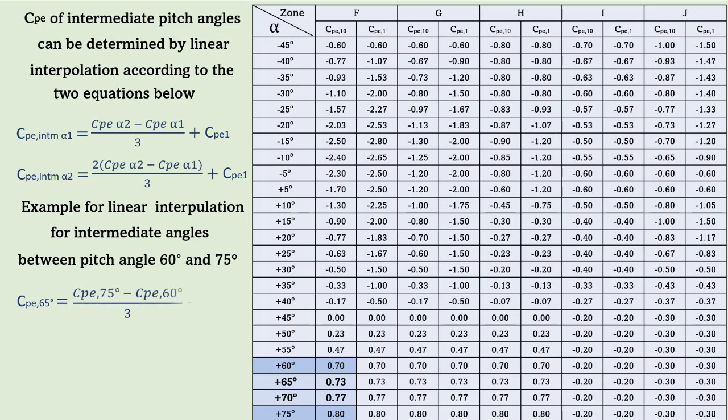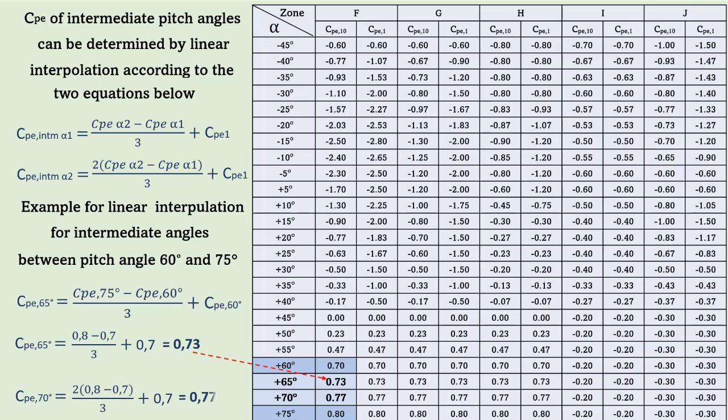Cpe of 65 equals (Cpe75 minus Cpe60) divided by 3 plus Cpe60. And this is the value for pitch angle 65. In the same way, we can find the Cpe of angle 70 degrees. And this is the value of the intermediate angle 70 degrees.